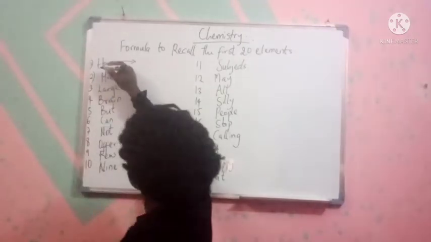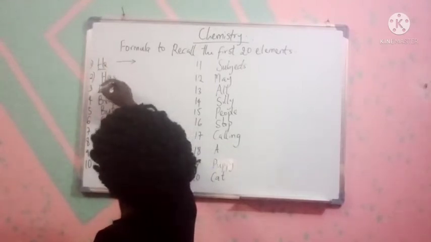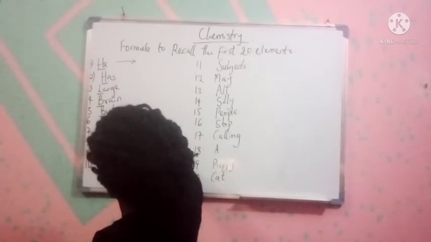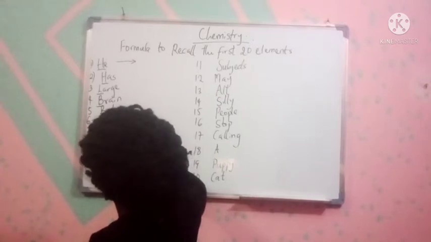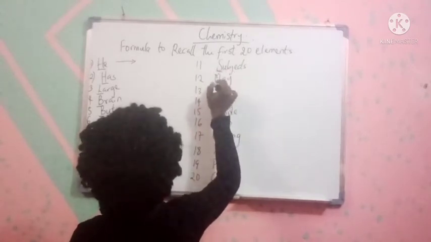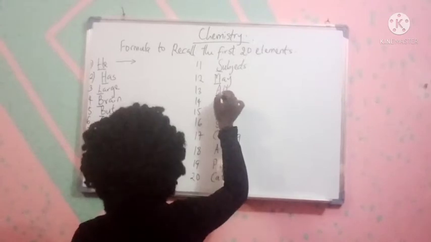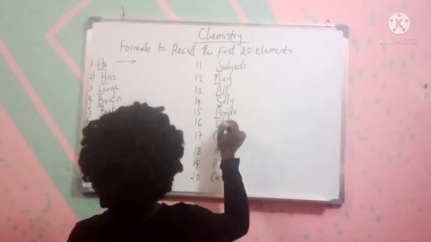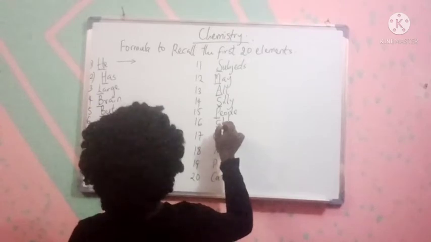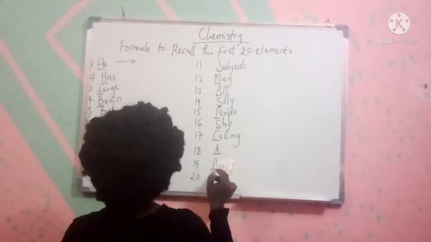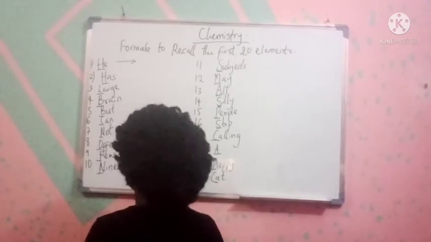So: He, hydrogen; has, helium; large, lithium; brain, beryllium; but, boron; can, carbon; not, nitrogen; offer, oxygen; few, fluorine; 9, neon; subject, sulphur; may, magnesium; all, aluminium; silly, silicon; people, phosphorus; stop, sulphur; calling, chlorine; a, argon; puppy, potassium; and cat, calcium.